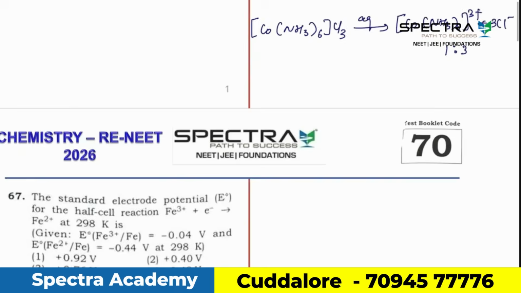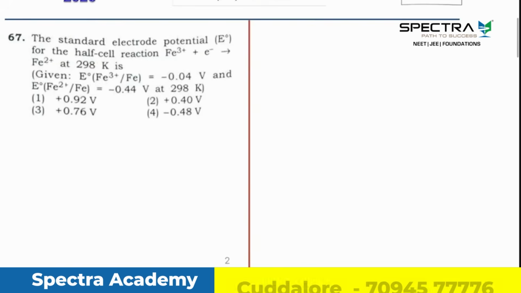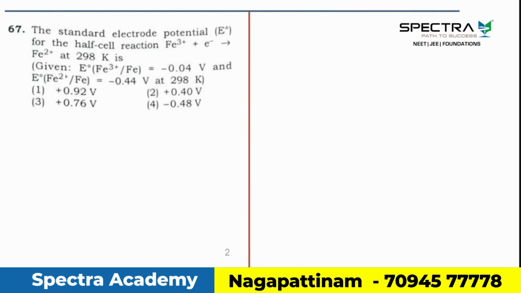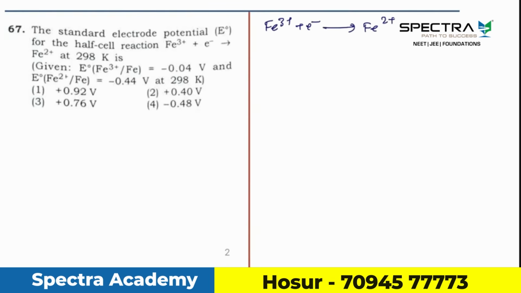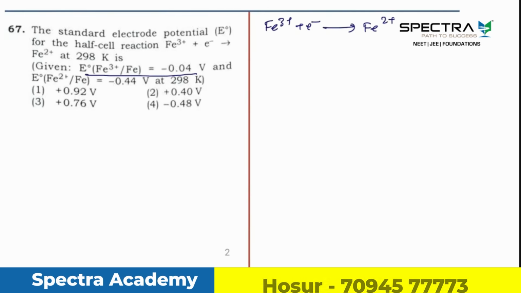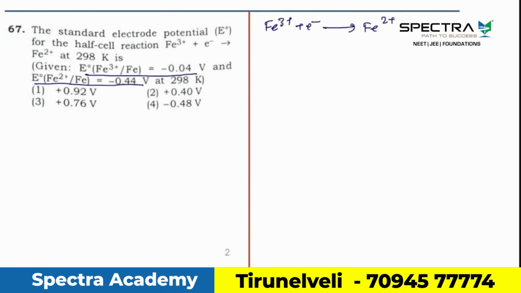Now, question number 67. The standard electrode potential for the half cell reaction Fe3+ plus electron gives Fe2+ at 298 Kelvin is. They have given you the reduction potential of ferric ion as well as of ferrous ion.